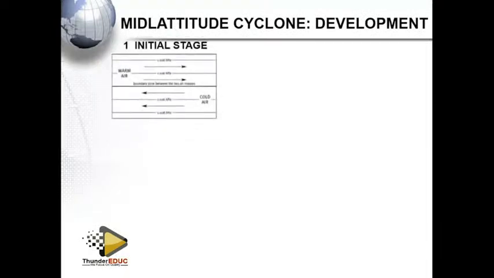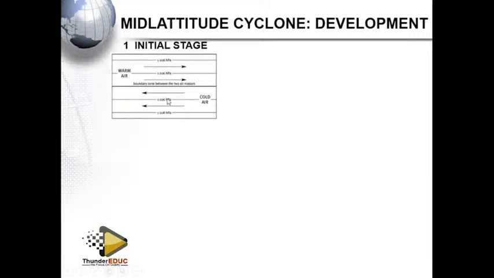Okay. Now, we must know that it does not occur once. A mid-latitude cyclone occurs in different stages. The first stage is what we call the initial stage. Remember on our diagram, we are going to focus mainly on South Africa.